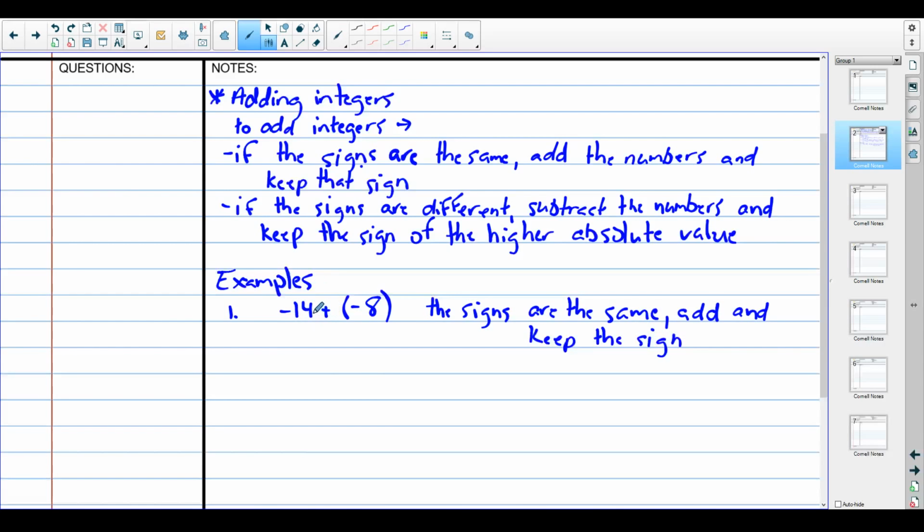We don't even think of the negatives. We just say, what's 14 plus 8? And 14 plus 8 is 22. So we can say -14 plus -8 is -22. So just add the numbers together, keep that sign.